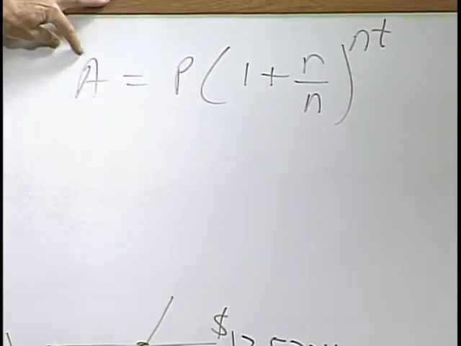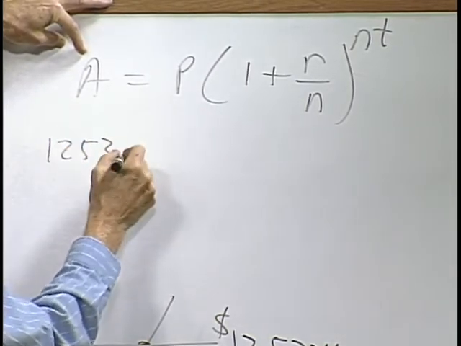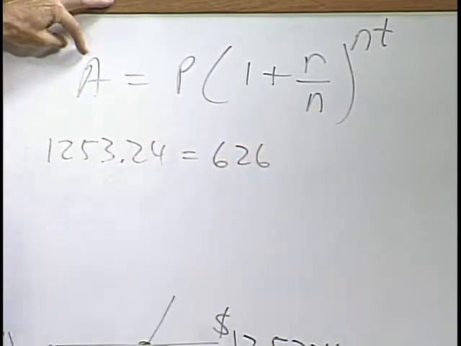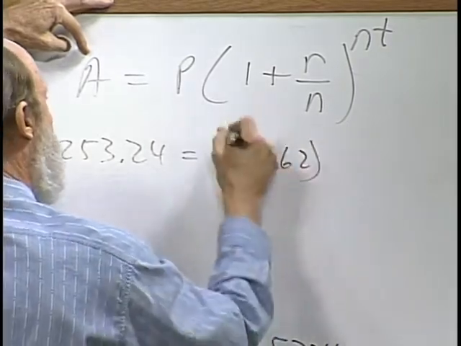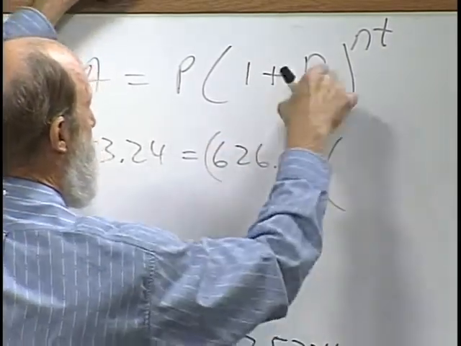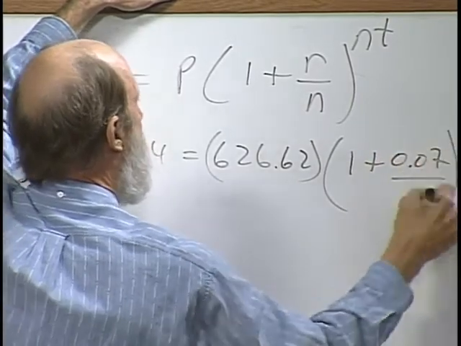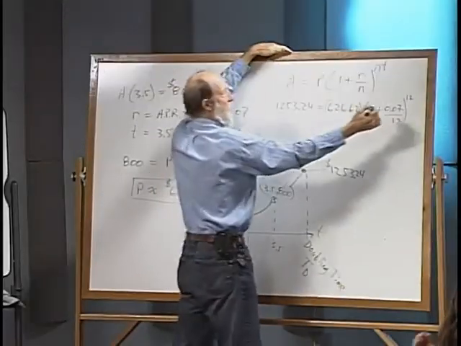So we want this value to be 1253.24, and we started out with 626.62 after the first problem. Then we had numbers going in here, 1 plus 0.07 divided by 12, raised to the 12. And now, look at my exponent up here.